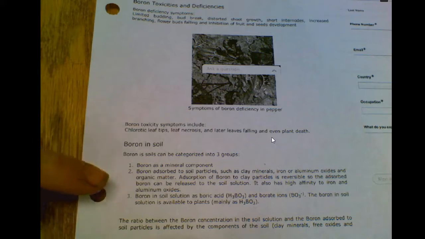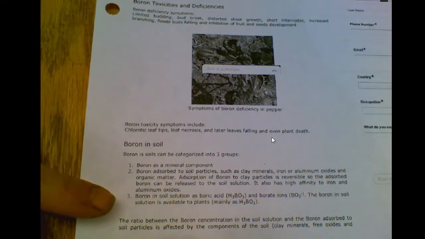Boron as a mineral component, boron adsorbed to soil particles such as clay or iron oxides, and it's reversible, so it can go into solution. And then boron that's in the solution is boric acid, H3BO3, and borate ions, BO3-. And the boron in soil solution is available mainly to plants as H3BO3.